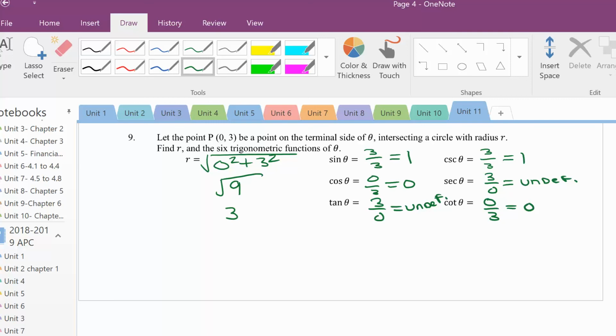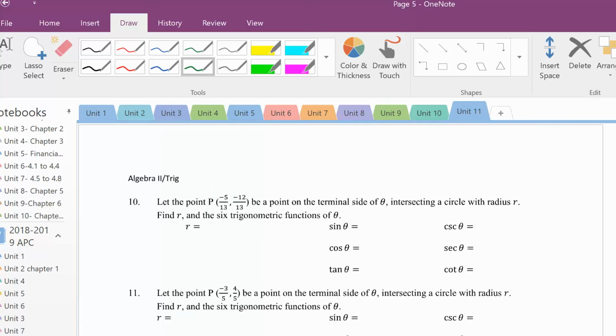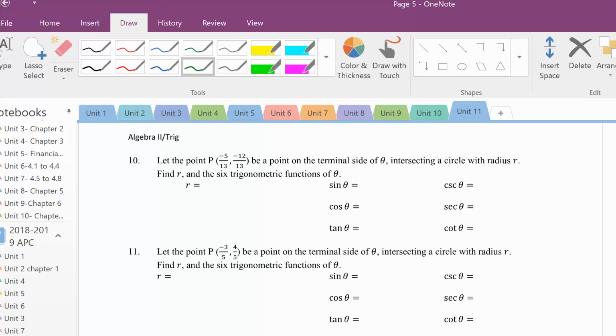Number 10. If you look, find the radius, it's -5/13 squared plus -12/13 squared.